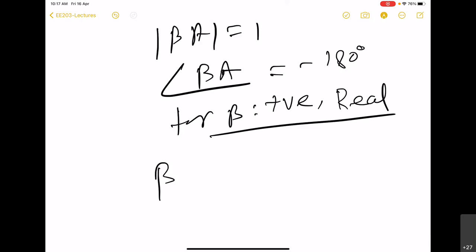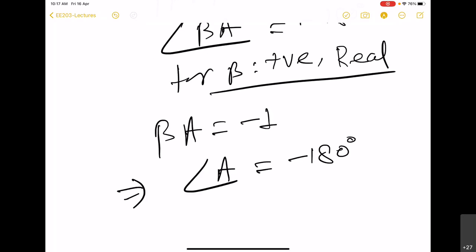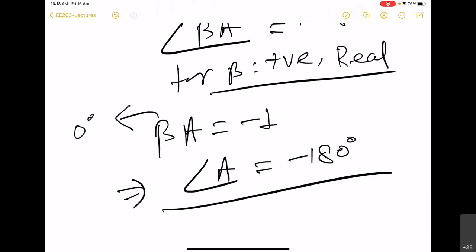So beta A equal to -1 implies that now the phase of A is equal to minus 180 degree, because the phase of this beta is going to be 0 degree. It is real and positive. So if we have an amplifier whose phase is minus 180 degree at a certain frequency and beta is real, then it will become unstable.